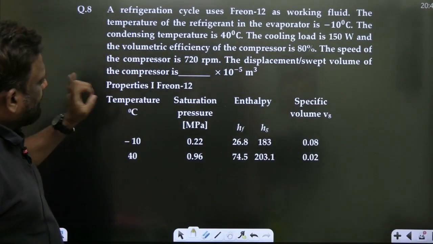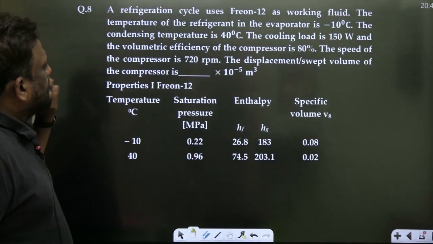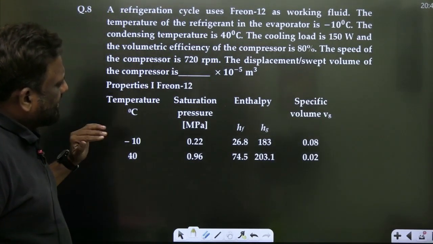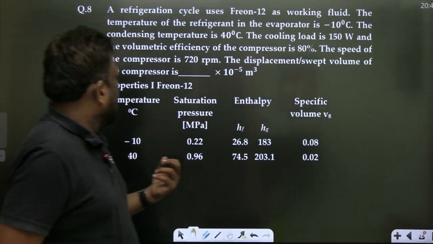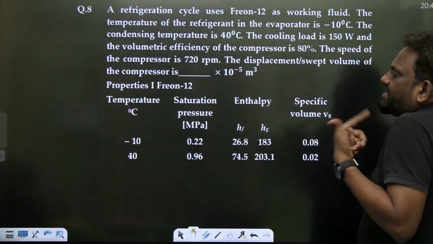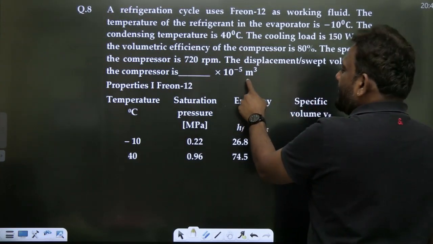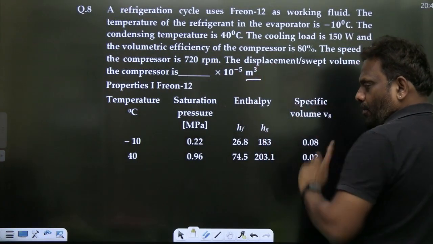The temperature of the refrigerant in the evaporator is -10. The condensing temperature is 40. The cooling load, that is refrigeration load, is 150. The volumetric efficiency of the compressor is 80%. The compressor speed is 720 RPM. The displacement volume in meter cube is given as 10 power minus 5.